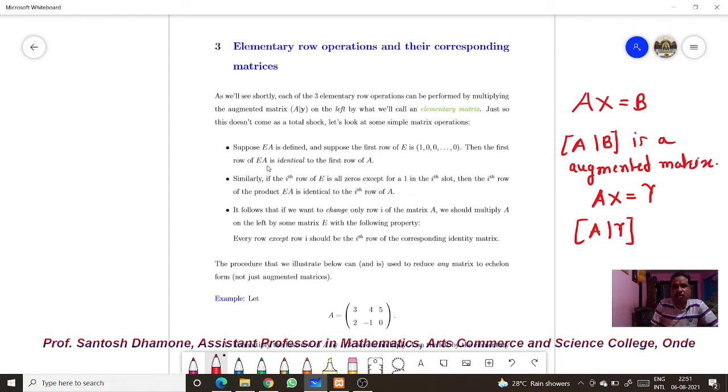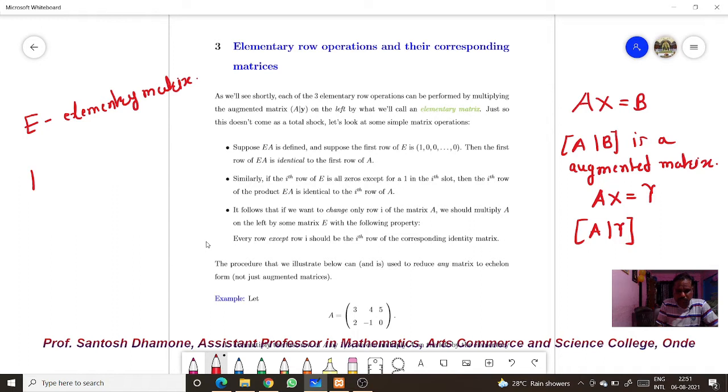Then the first row of E into matrix A is identical to the first row of A. E is an elementary matrix whose general form is: first row 1 0 0 up to 0, second row 0 1 0 up to 0, and so on, up to the last row 0 0 0 up to 1.